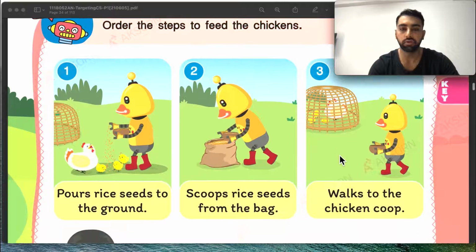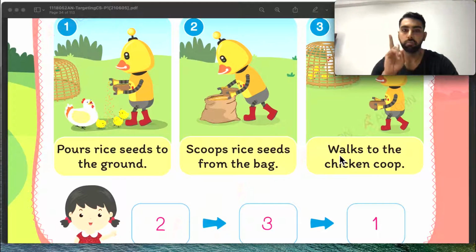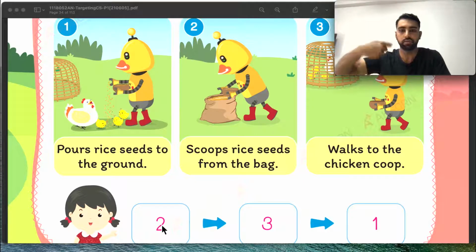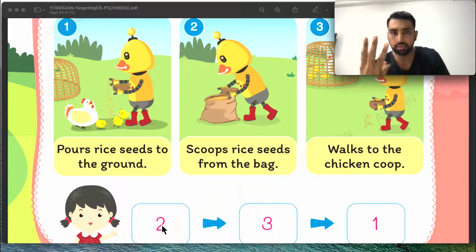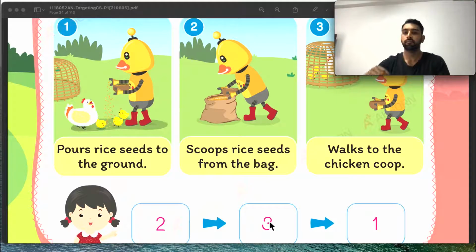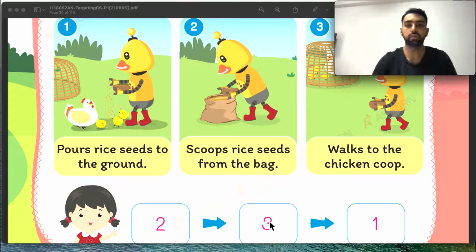Let's figure it out. Alright, as you can see, first is number 2: scoop the rice from the bag. Number 3 is the second: walk to the chicken.